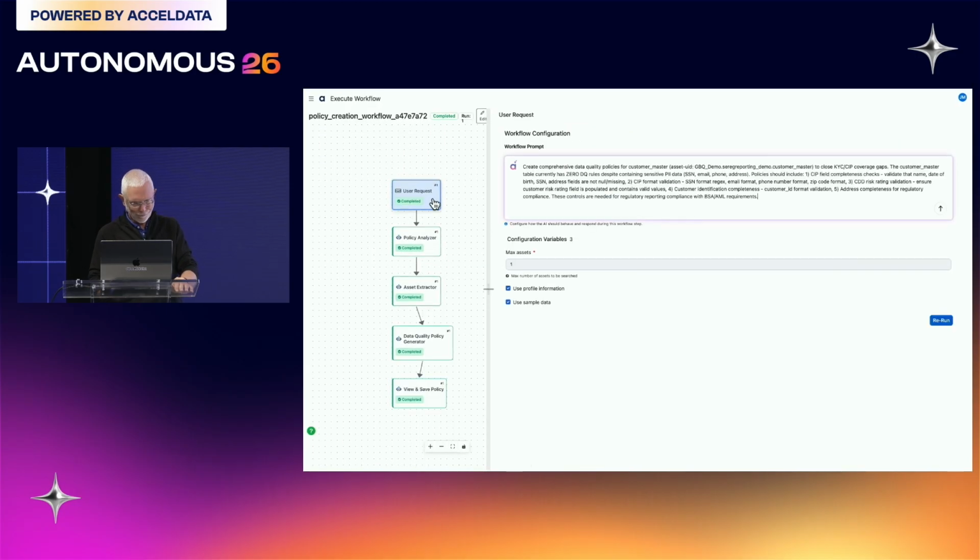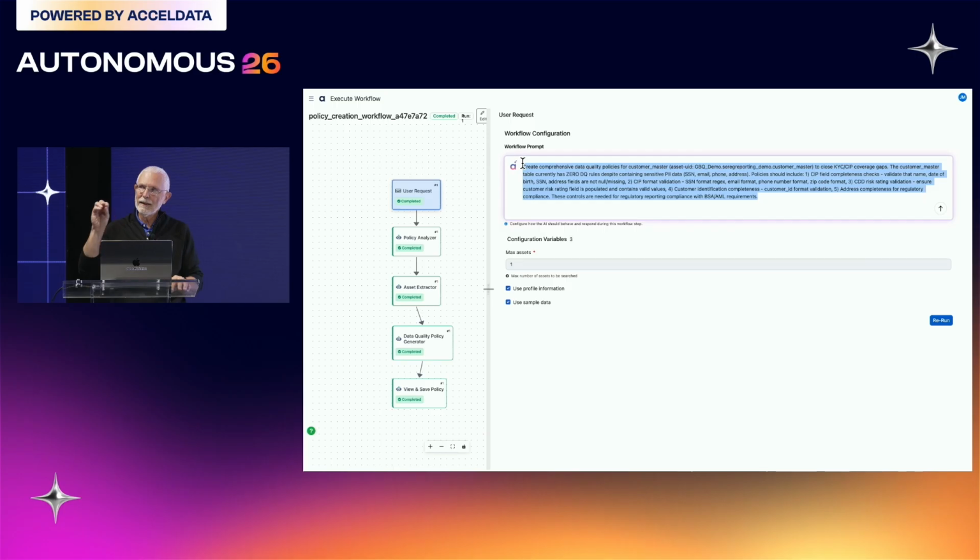So what happened when I asked the system to kick off a workflow to create these policies? I didn't tell it exactly what to create. Basically, it took the context of my conversation and built a prompt. Now that prompt isn't specifically put this rule on this column. It's again giving intent.